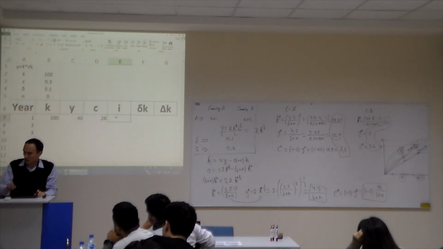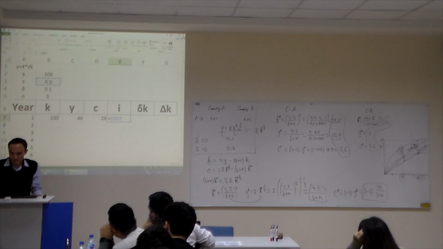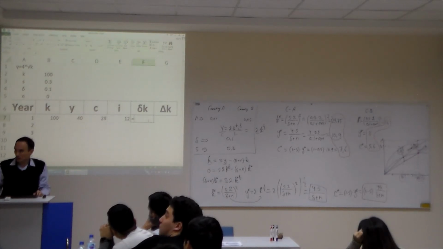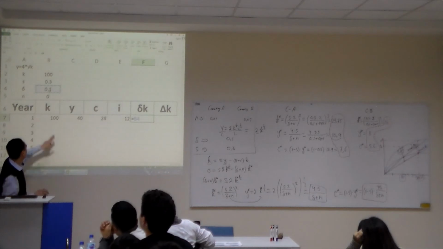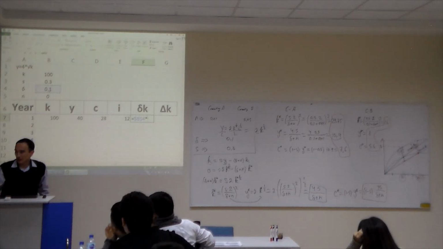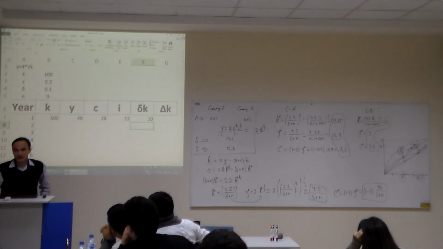Regarding investment, it's equal to the investment rate, which is constant, times output, equal to 12. The depreciation rate is given for us, which is 10%, again not going to change, constant, times capital, 10. What about the change?